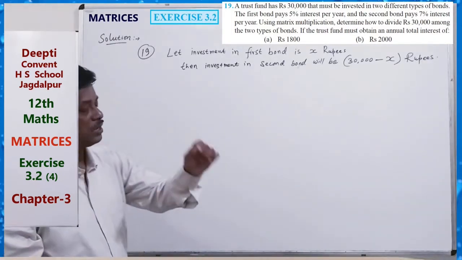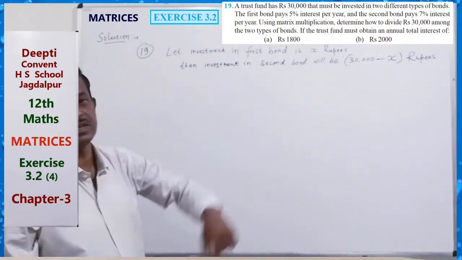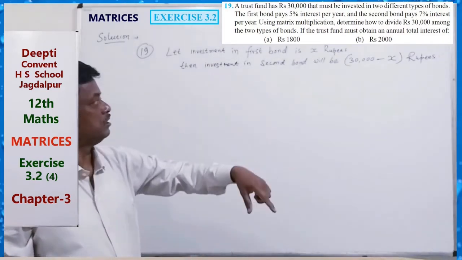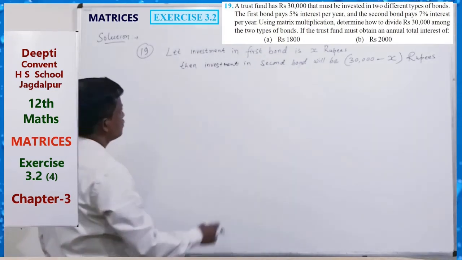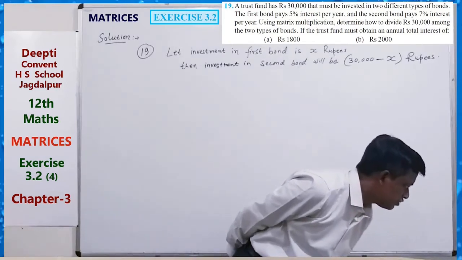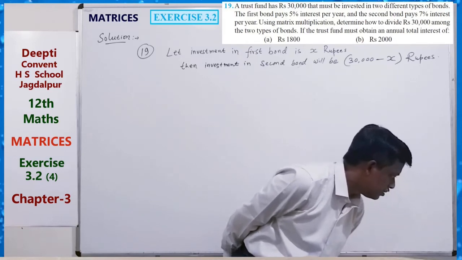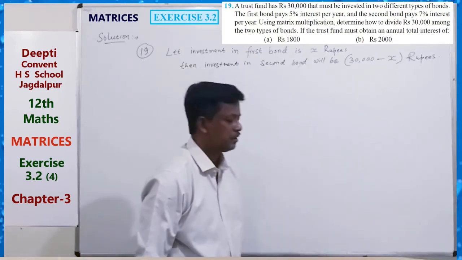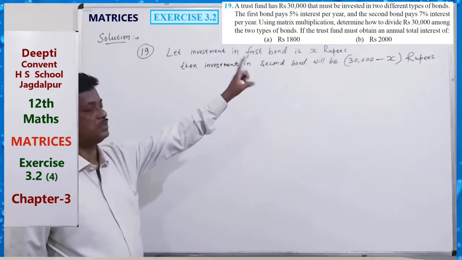Because 30,000 has to be invested. So in the first bond X rupees is invested, and the investment in the second bond will be 30,000 minus X.